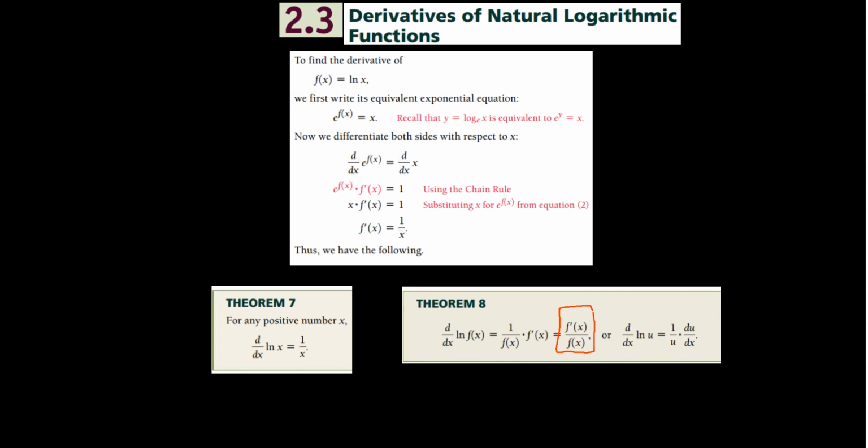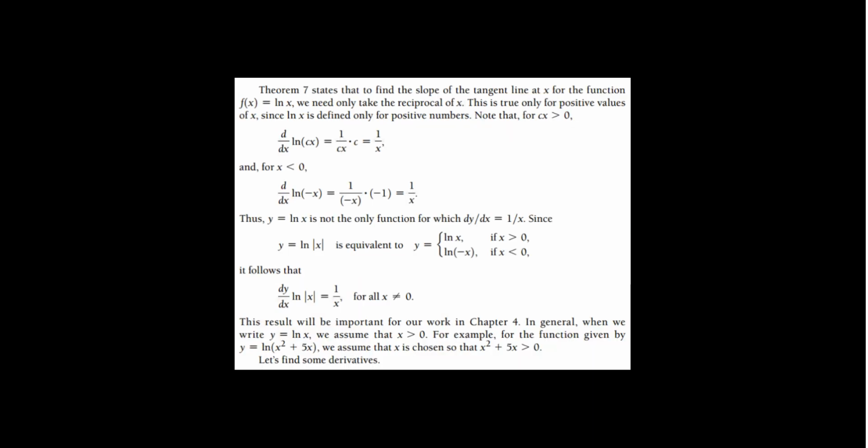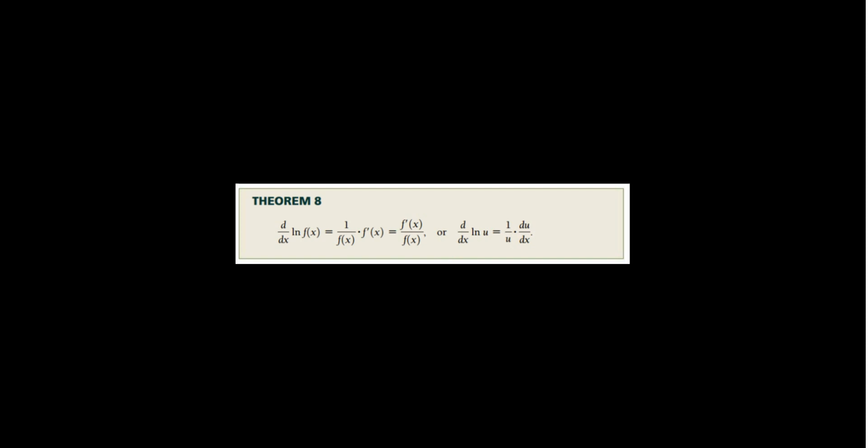We'll see more examples of that in a moment, but it's pretty easy when you just take the derivatives of natural logs. What I circled there is what we're going to be doing for an example. So I don't think we need this theorem right now.